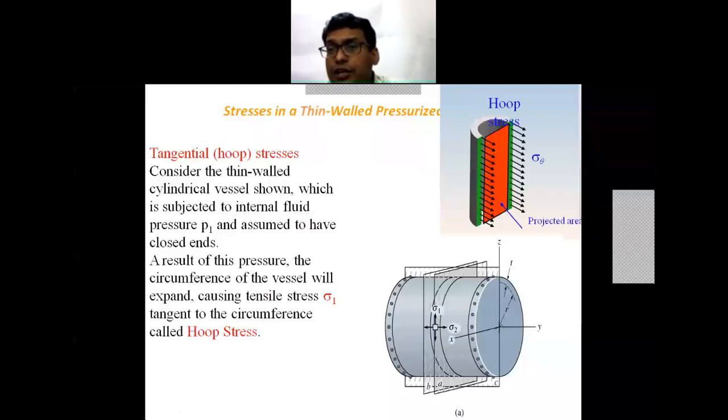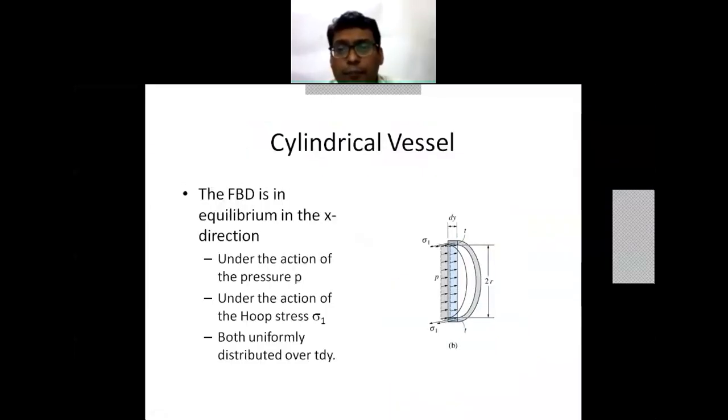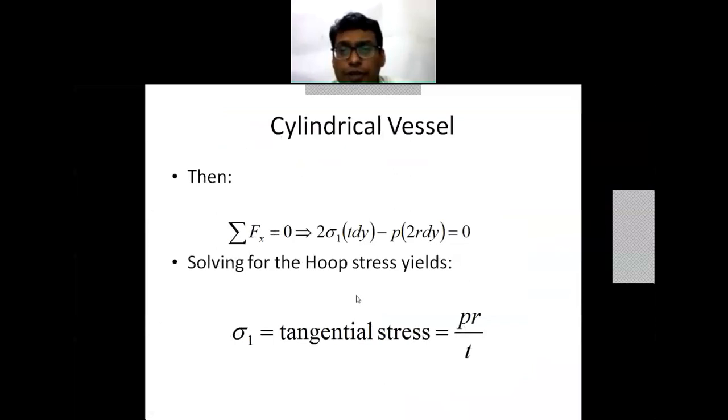And here the projected area is considered as shown in the red. So taking the balance over that, that is the thickness into the dy into the sigma 1, which is equal to the p into 2r into dy.